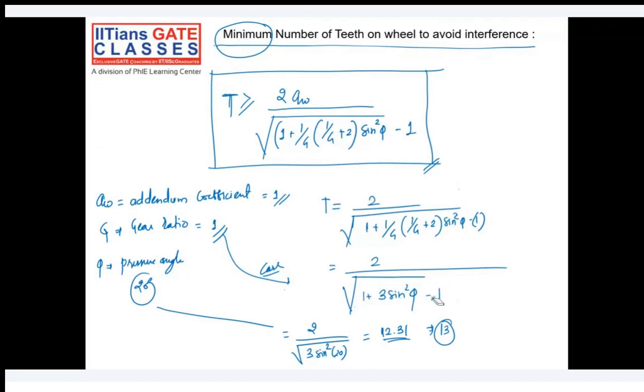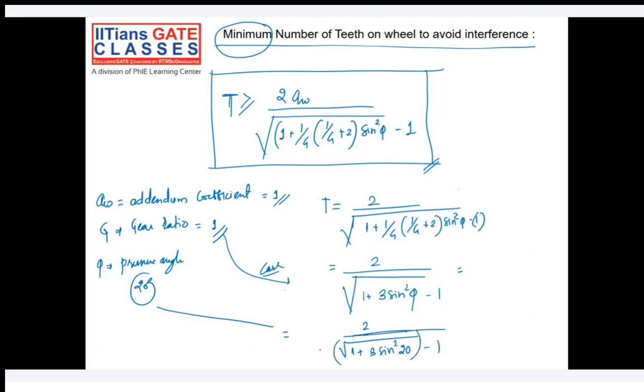So it is under root of 1 plus 3 sin square phi minus 1, and if you put phi as 20°, what you will get is 2 divided by under root of 1 plus 3 sin square 20° minus 1. Okay, so this is a different part, and 1 is outside the bracket.